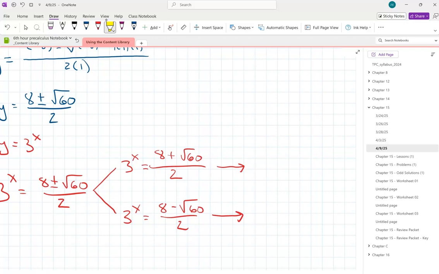Not a square root. Not division. A log. Very good. Which log base should I use? 3 should match the base of my exponential. So we should have x equals log base 3 of the stuff.